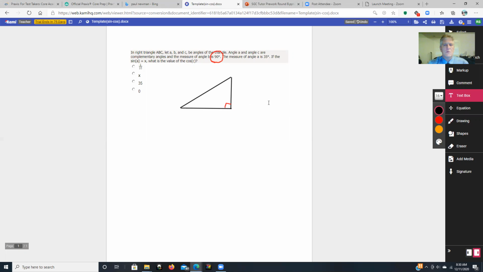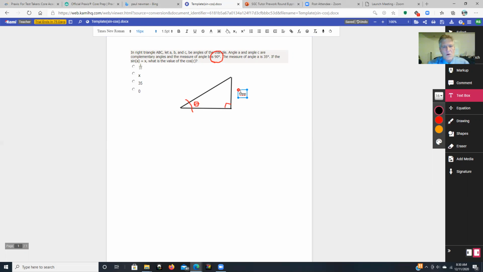Right off the bat, I'm going to talk about this angle. And part of what we're going to discuss today is it's really important that you specify which angle you're talking about. So let's say that we're talking about this angle, and we're going to call that theta. If I'm talking about this angle, this is going to be the opposite side.